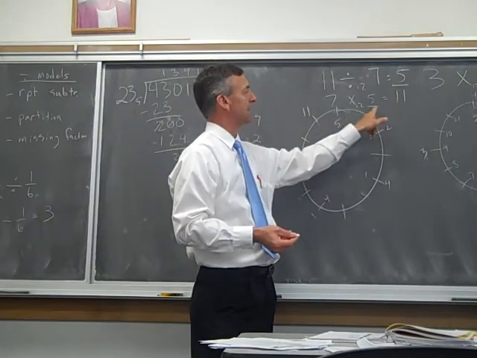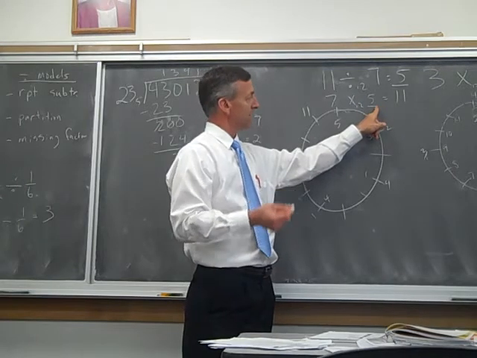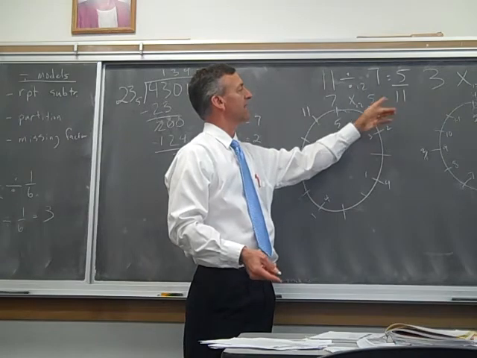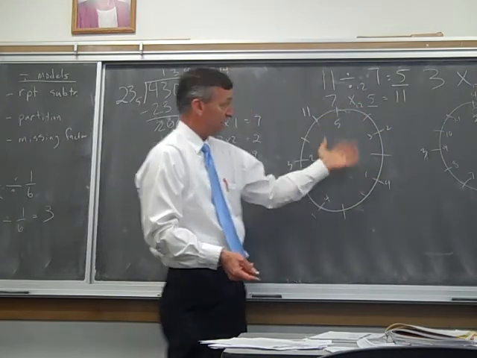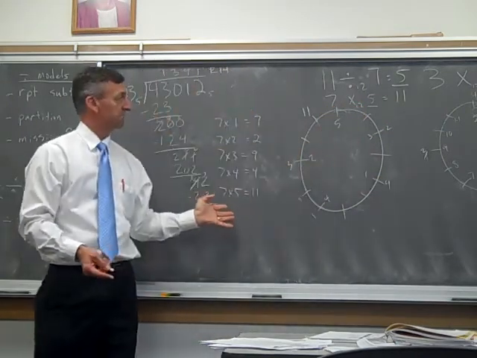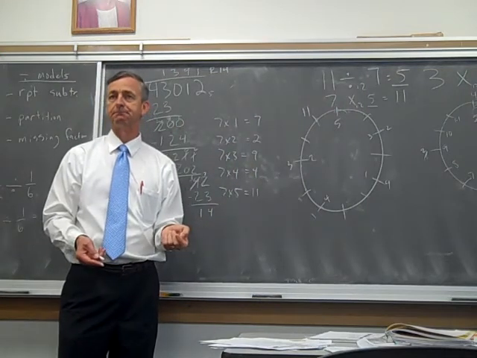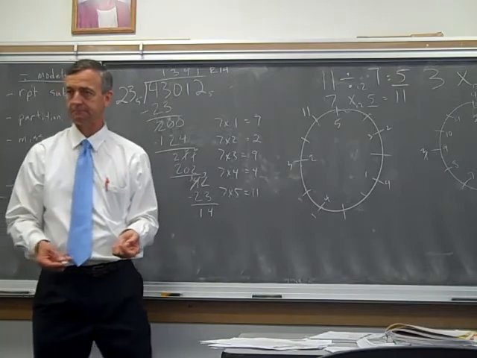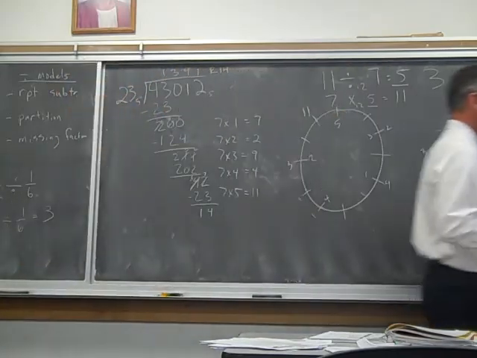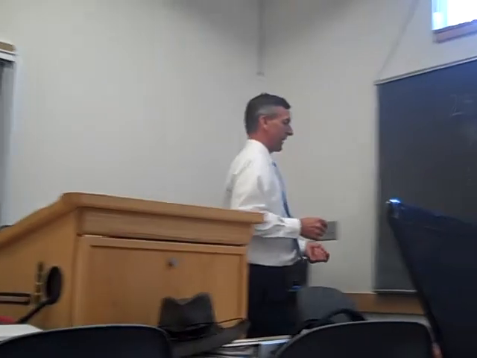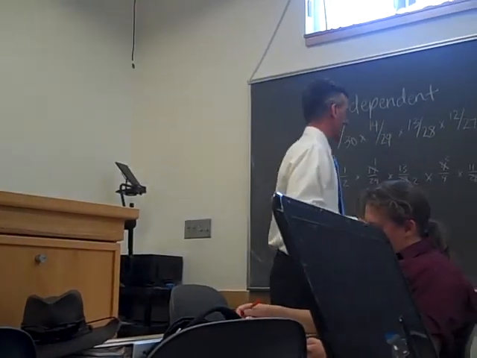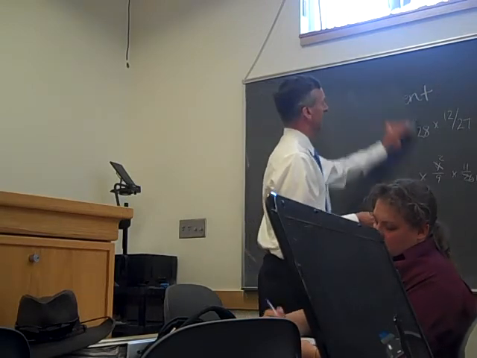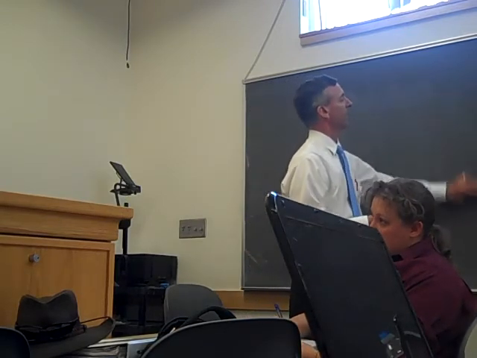Or write it as a missing factor of the same family, and either use the clock or this to find your answer. And here's the third method. Some of you are still saying, I'm never going to do anything but keep, change, flip.